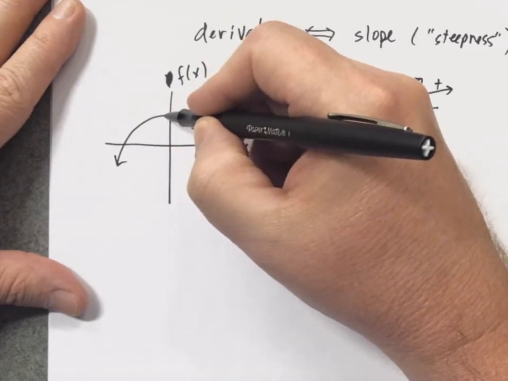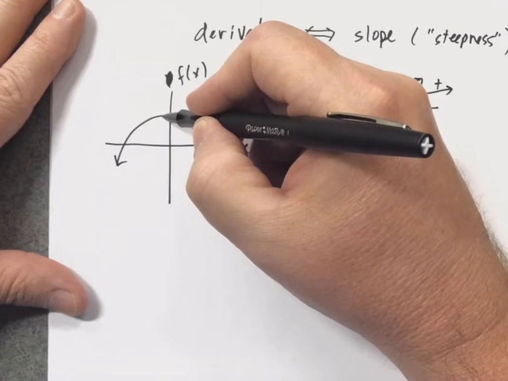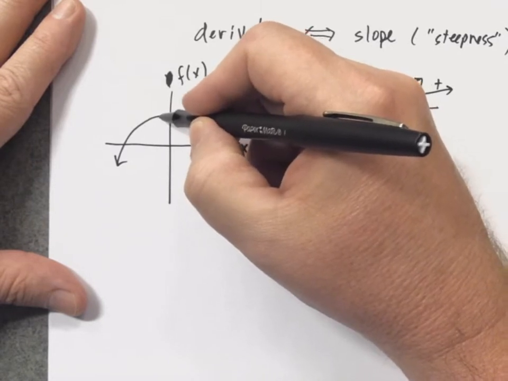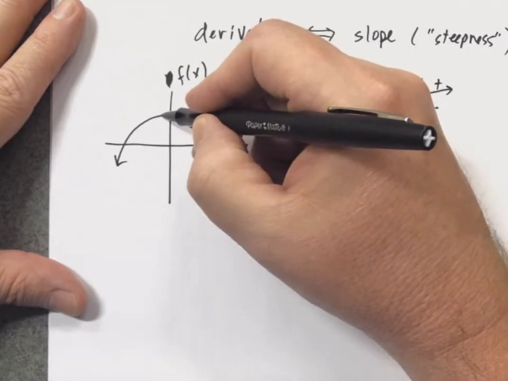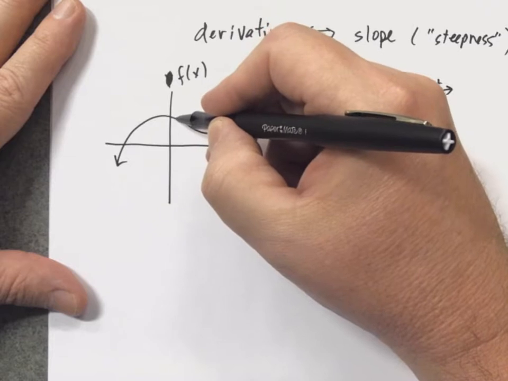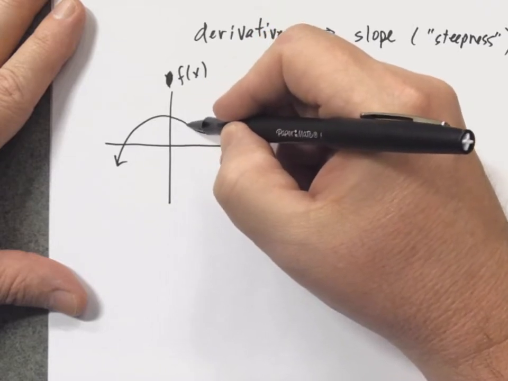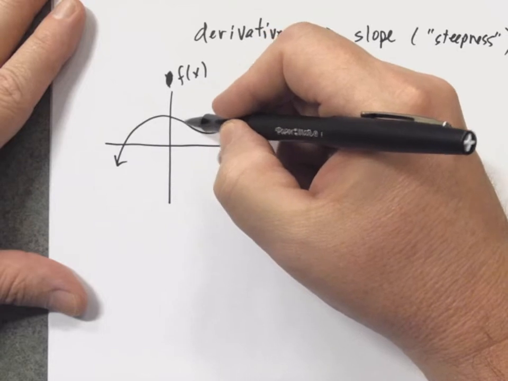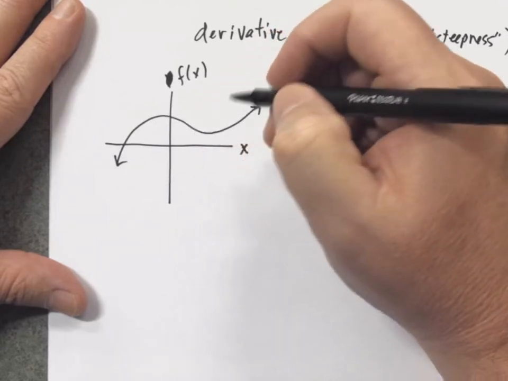As a matter of fact, once we get to the top, or this maximum point, it's really flat. Because then all of a sudden the curve is going down and the function's decreasing, which means the slope is negative, which means the first derivative is negative.